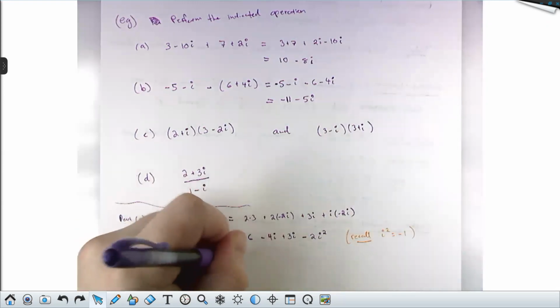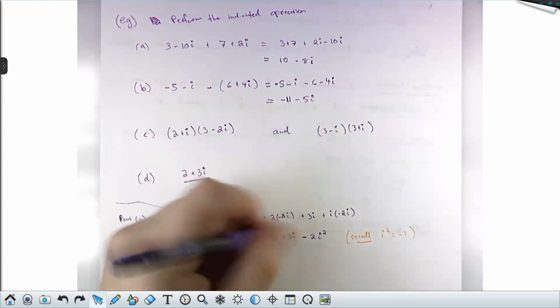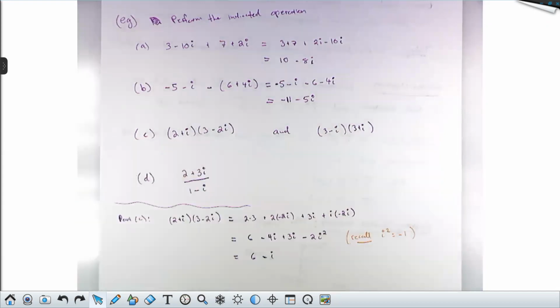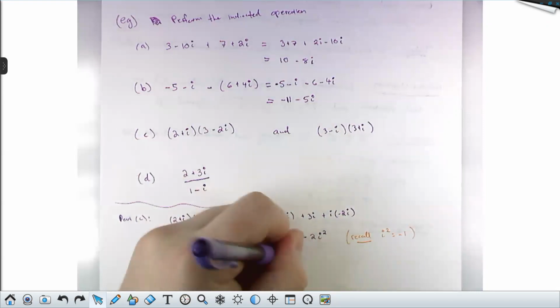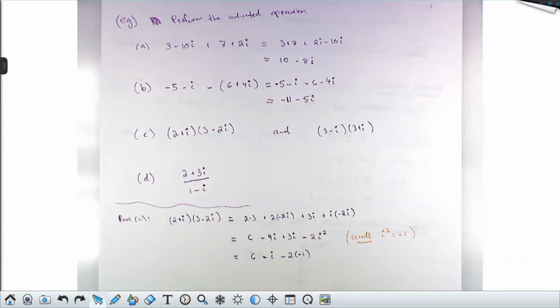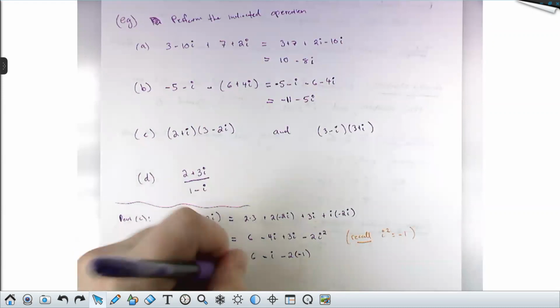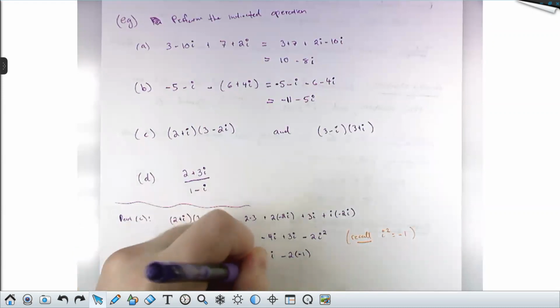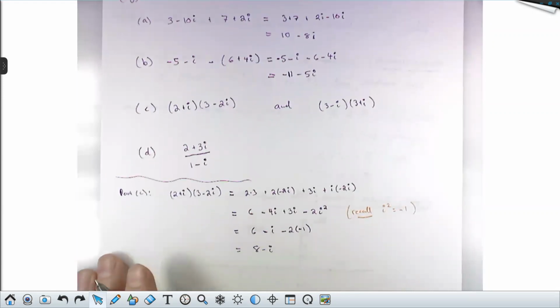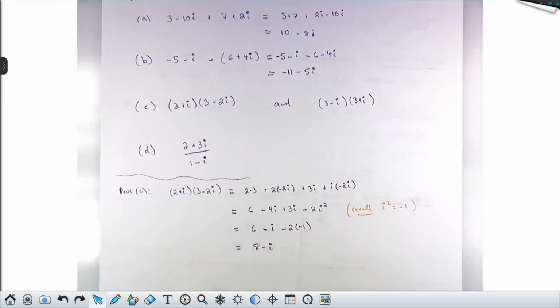So this is 6 minus 4i plus 3i is minus i, combining those like terms. And then we have minus 2 times i squared, which is negative 1. And negative 2 times negative 1 is positive 2. Positive 2 plus 6 is 8. So this is 8 minus i. That's that complex number. Any questions on this?